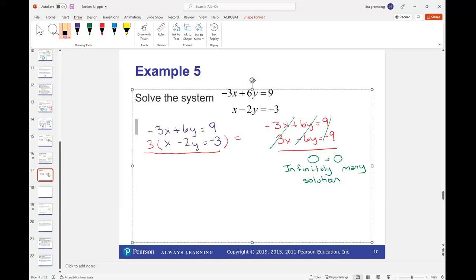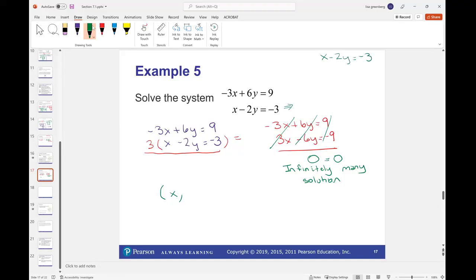Again, I also wanted you to notice, well, first let's write the solution. So our solution is, and I'm going to again use this, and I'm just going to say X. So my solution is I have some value of X, and once I know what X is, then I can solve for Y. So the first thing I would do here is solve this for Y. X minus 2y equals -3.